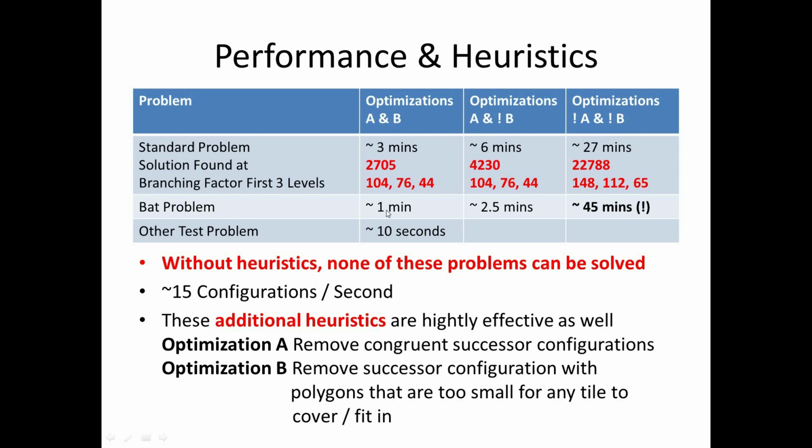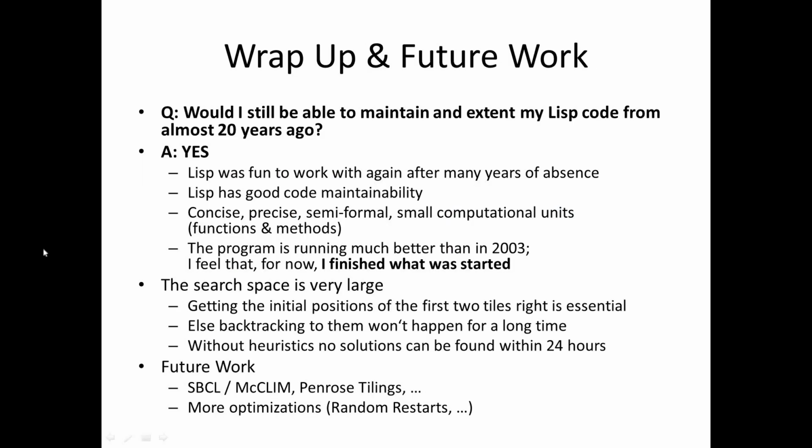It takes 1 minute with both optimizations enabled, 2.5 minutes if we disable B, and 45 minutes with both optimizations disabled. Note that these times are recorded with show syncing disabled. This shows that the additional optimizations A and B together have the potential to reduce problem size by an order of magnitude. So it's time to wrap up this presentation.